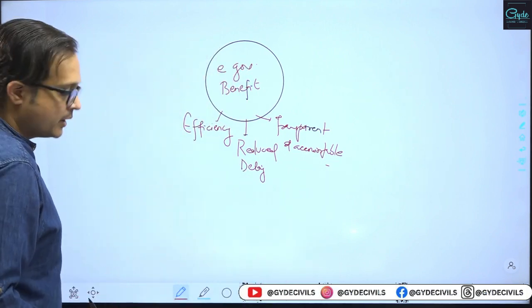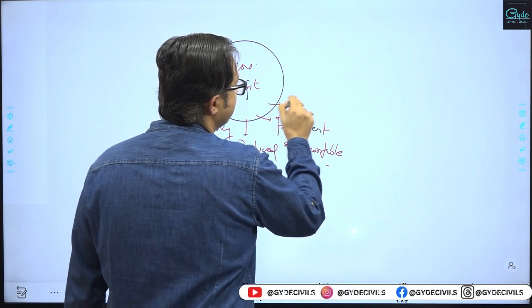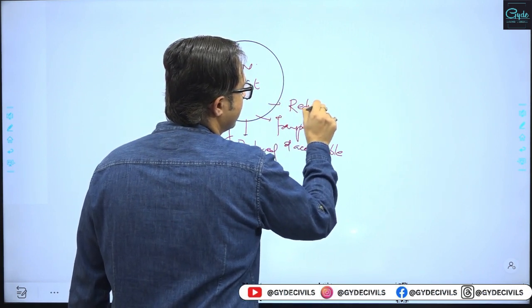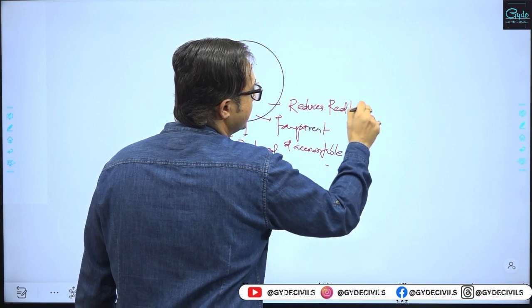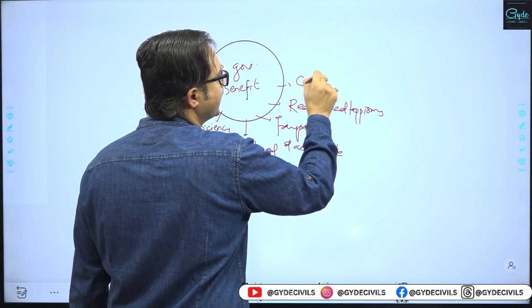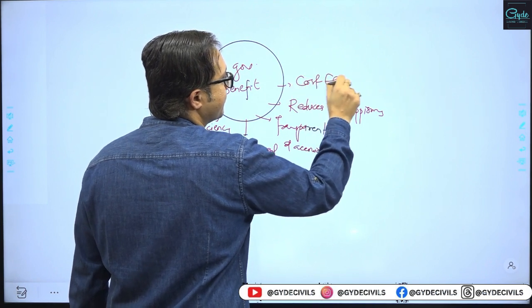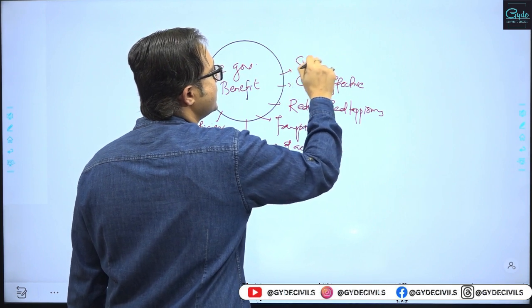That is also one of the major benefits being driven. It reduces red tapeism, the bureaucratic hurdles, etc. And it also becomes cost effective. It is also speedy and robust.